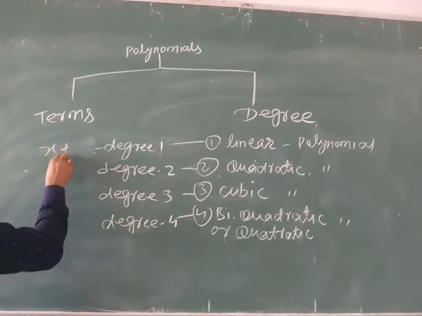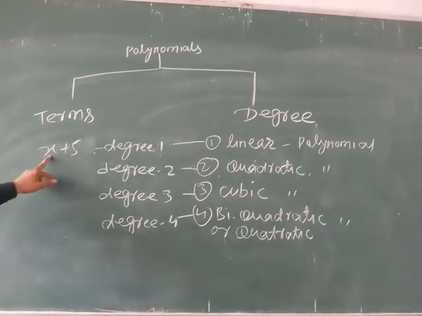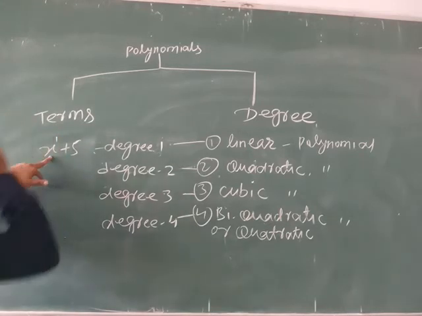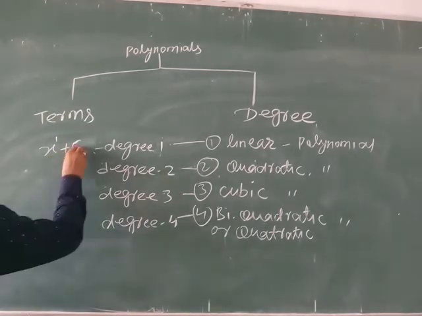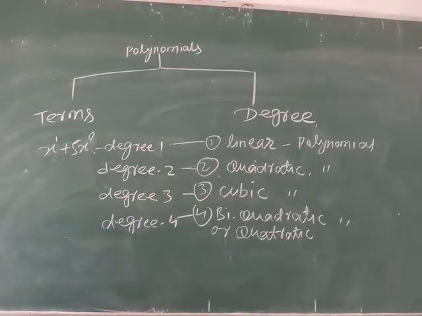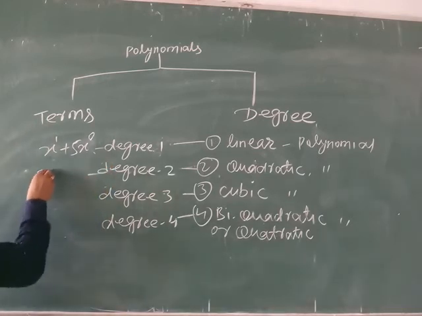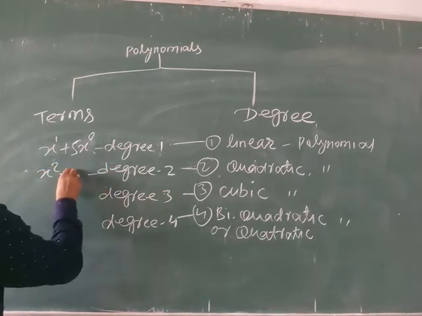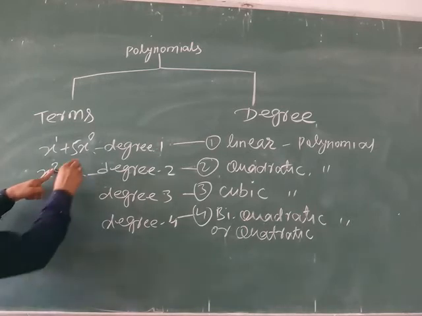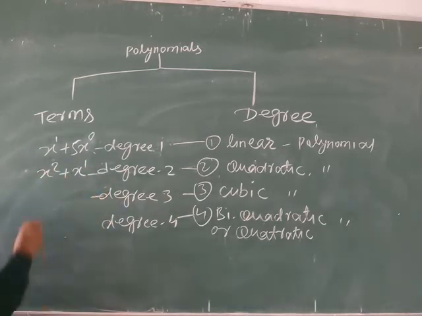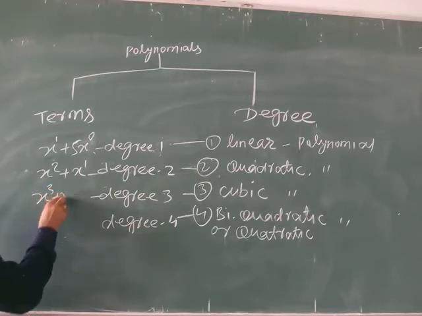x plus 5. The highest power of the variable is 1 and here the power is 0. So it is a polynomial of degree 1. So it is a linear polynomial. Quadratic polynomial means degree 2, highest power is 2. Cubic polynomial, degree 3.